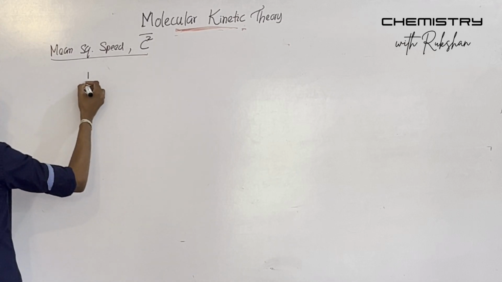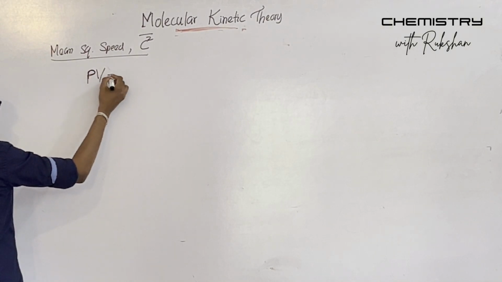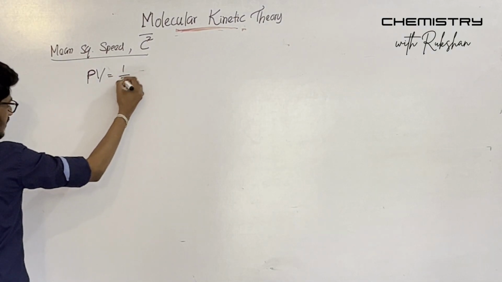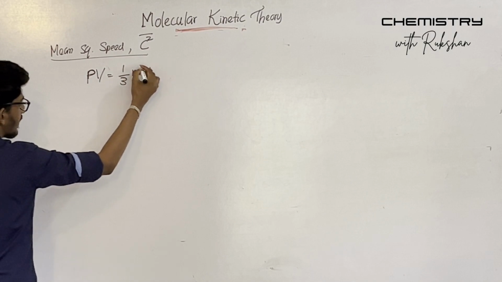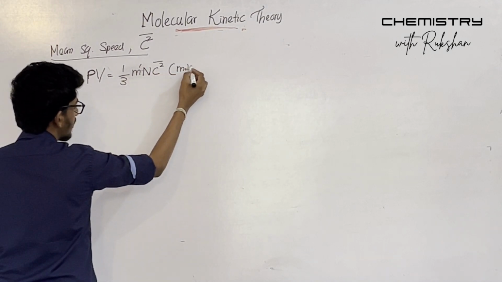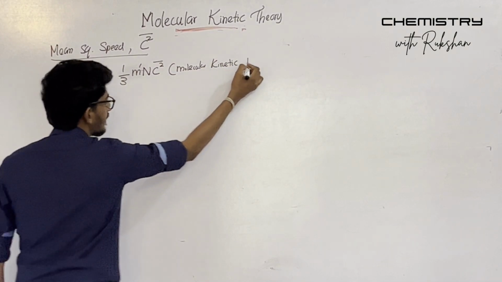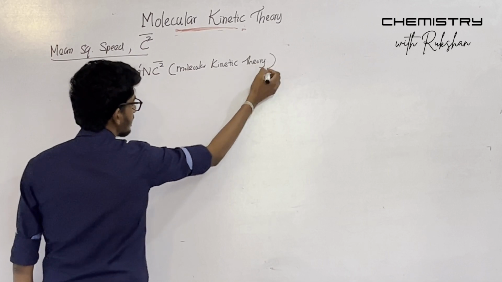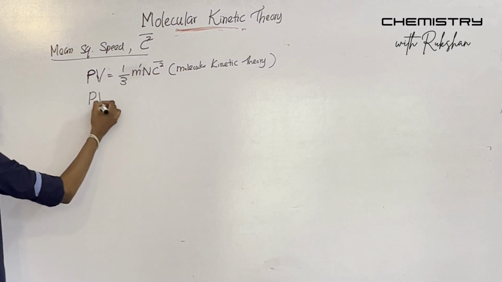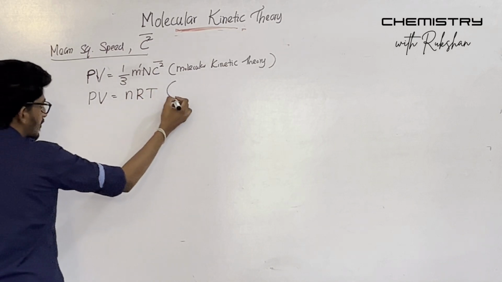We know that the molecular kinetic equation is PV equals 1/3 m dash n c squared bar. This is from molecular kinetic theory. And we know another equation for PV, which is PV equals nRT, from the ideal gas law.